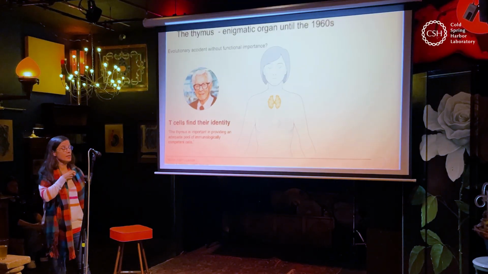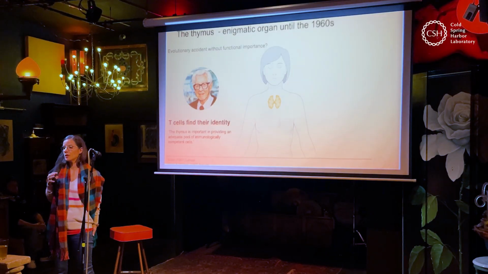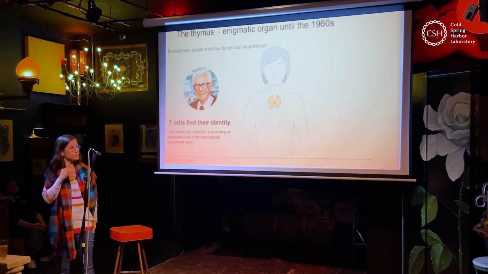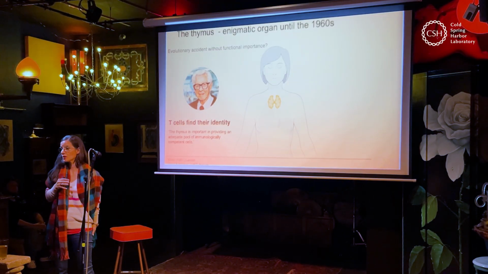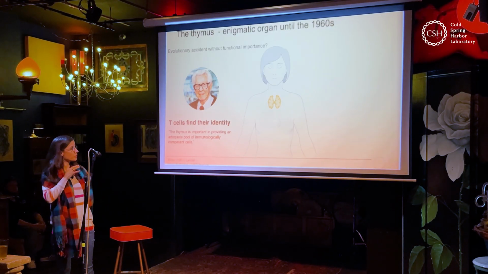Based on that, he hypothesized that if you remove this organ, they lose this learned immunity. He also saw that mice that did not have this organ all suffered from really severe infections and succumbed to them.